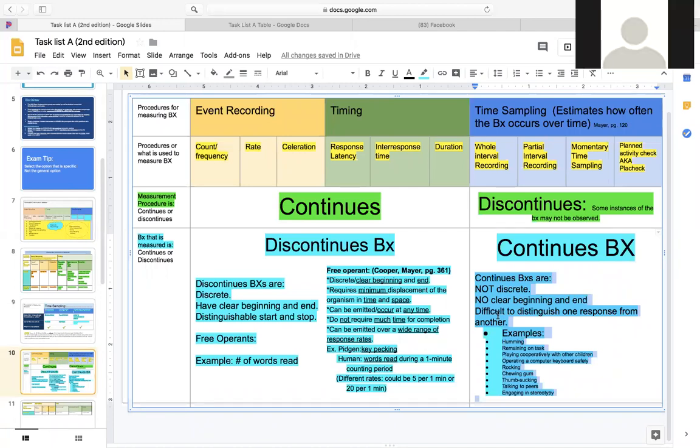Operating a computer keyboard safely. Rocking. Chewing gum. Thumb sucking. Talking to peers. Engaged in stereotypy. You can find these in Mayer on page 120.